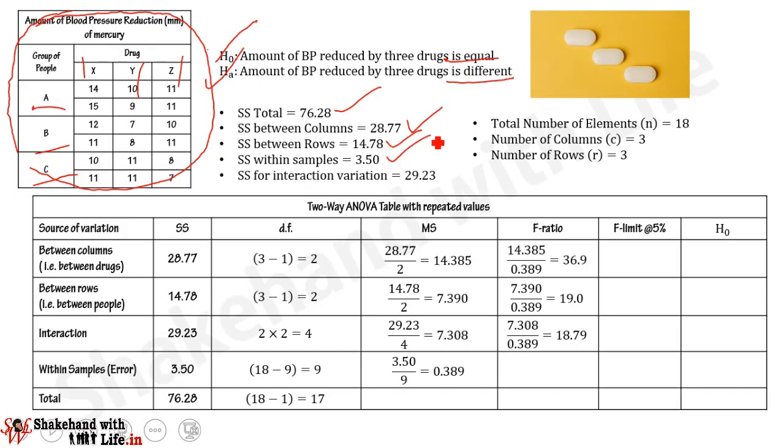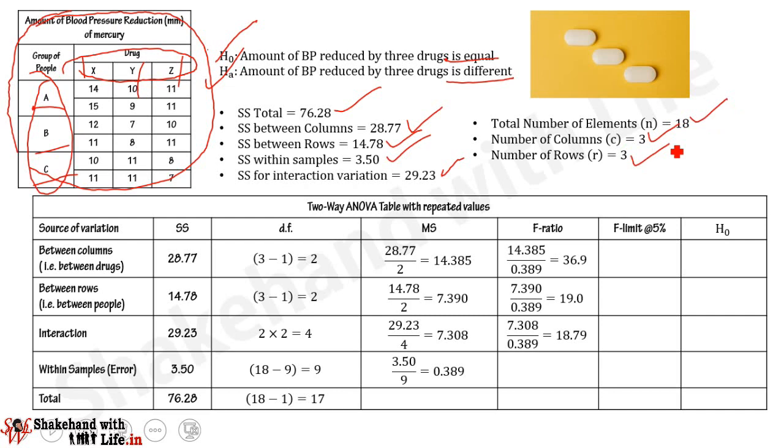Now the sum of squares for interaction variation is 29.23, the interaction of X, Y, Z and A, B, C. Number of elements we have 18, number of columns 3, and number of rows 3, right?